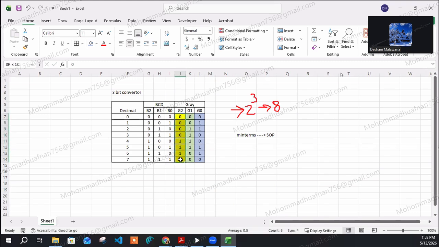In that case, we can consider POS rather than SOP, because rather than considering more ones, it's better to consider zeros, right? So POS. If it is min terms, we can consider it as a SOP equation and generate the SOP equation. If there are max terms, then we can consider it as a POS one and do the things. Okay.